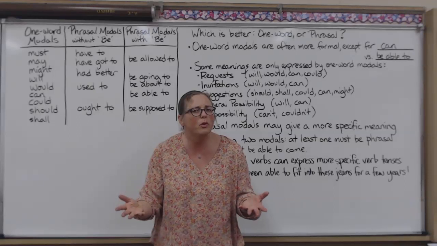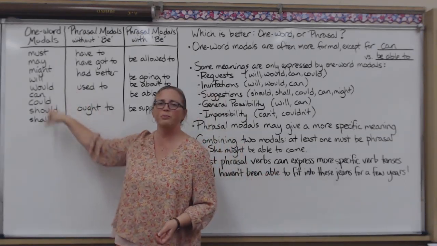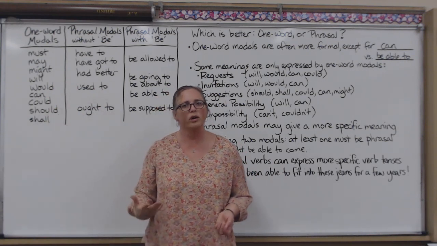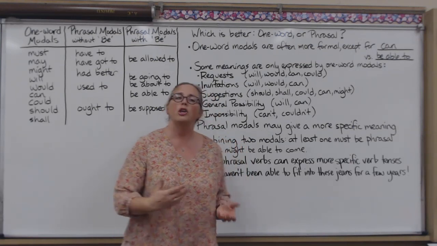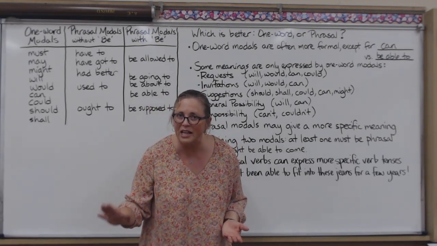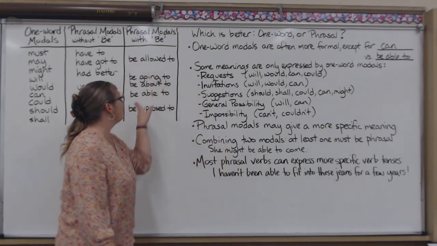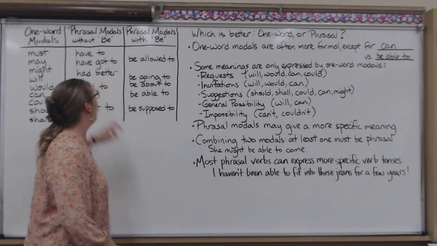What if you want to be more specific? What if you want the present perfect? You can't use the present perfect with the one-word modals. So if you want to give that specific idea, you need a verb that can change to all the different verb tenses. The be verb can change to all the different verb tenses.